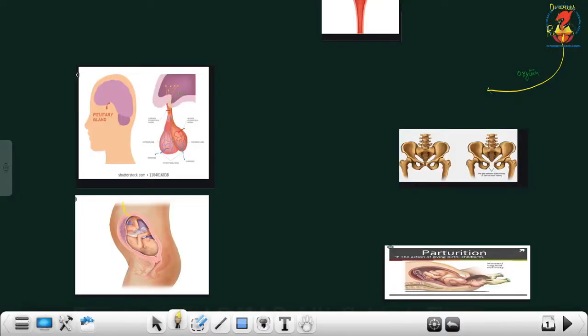So, I told you the mild contraction triggers the posterior pituitary to release the oxytocin. The oxytocin acts on the uterine myometrium, causing contraction. This further triggers the pituitary to release more oxytocin. Again, oxytocin brings about contraction. This goes on and on. And finally, this contraction pushes the baby, and as I told you, there's another hormone which is called relaxin, which relaxes the pubic symphysis.